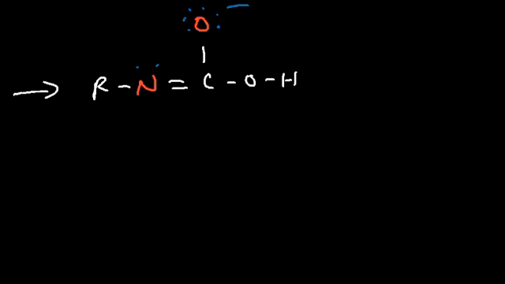Now the next thing that's going to happen is we're going to use the lone pair to form a double bond, pushing this pi bond onto the nitrogen. So this is a resonance structure.